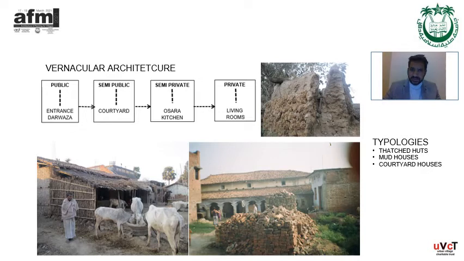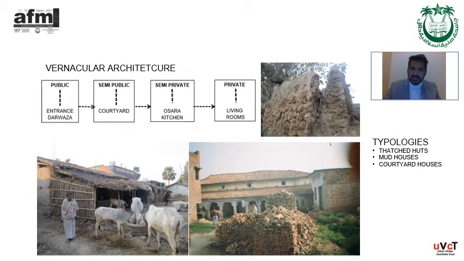All the spaces and activities are concentrated around the central courtyard and organized in a system from the most public to the most private space, which are as follows: from public to semi-public, then to semi-private, and finally to private. Public spaces have the entrance and a darwaza.